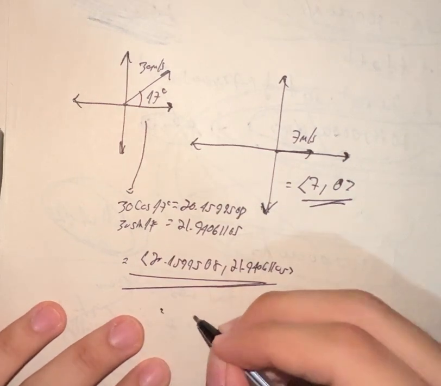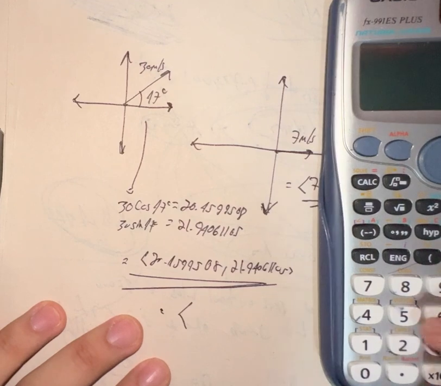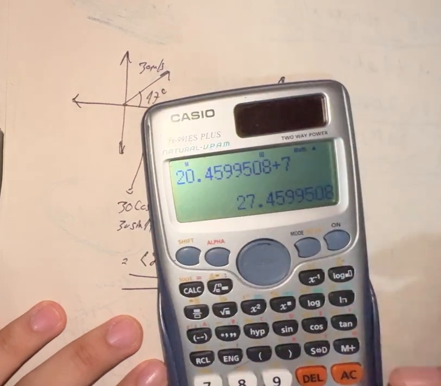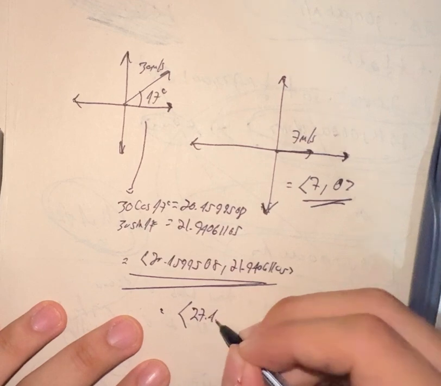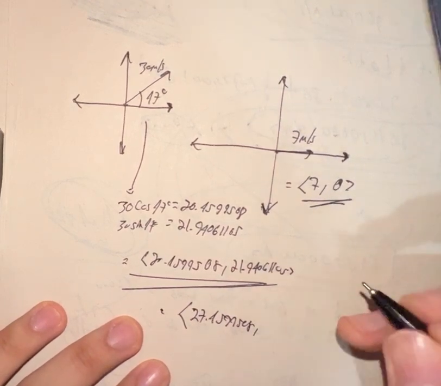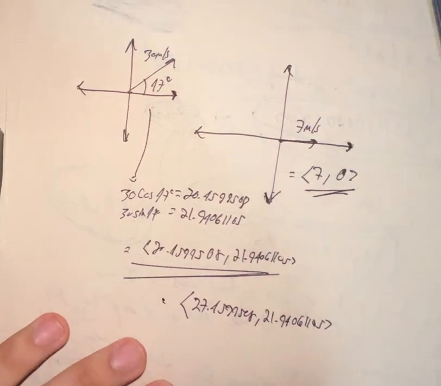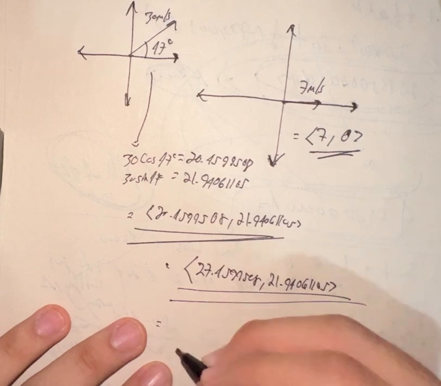Adding them up, it would be 7 plus that. I'm just going to make sure, because you can never be too safe. 27.4599508, 21.94061105. That would be the component form of our resultant vector.